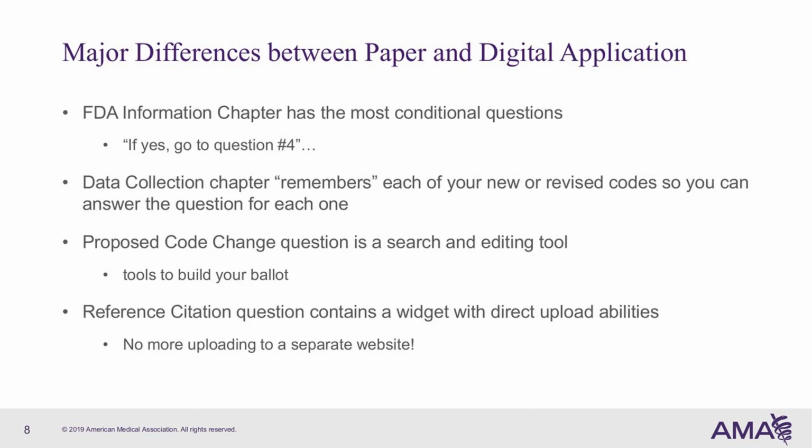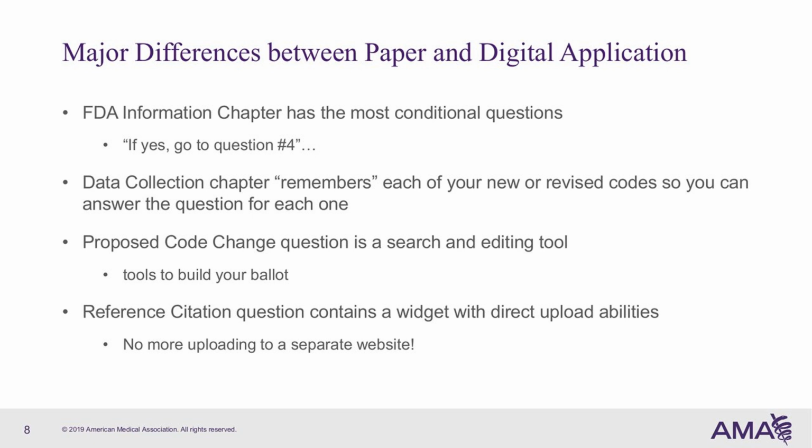Some of the big differences, there are some conditional questions in here. If you remember on the paper application, we'd say, if no, skip to question 4, or if yes, answer these other questions. That's built into the logic of the Smart application. So we pose to you the questions that are relevant based on your prior responses.